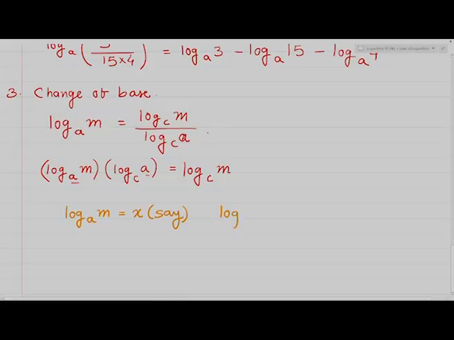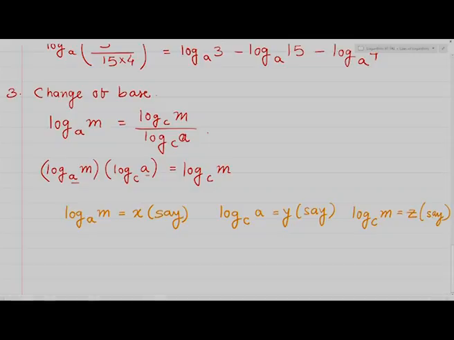Another thing, log to the base c of a is equal to y, say. And the third one was log to the base c of m is equal to z. Now, I have to exploit the relationship between a in the base and a in the argument. Okay. So, that is what I will do now.